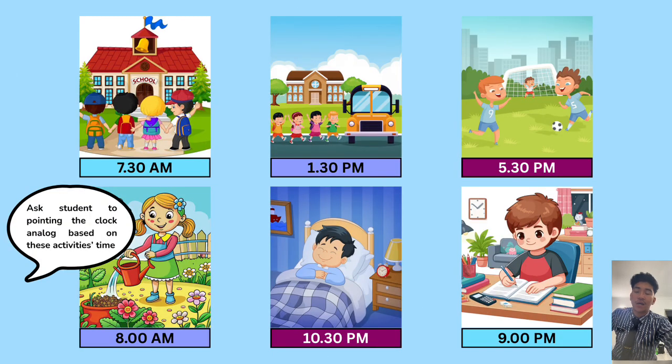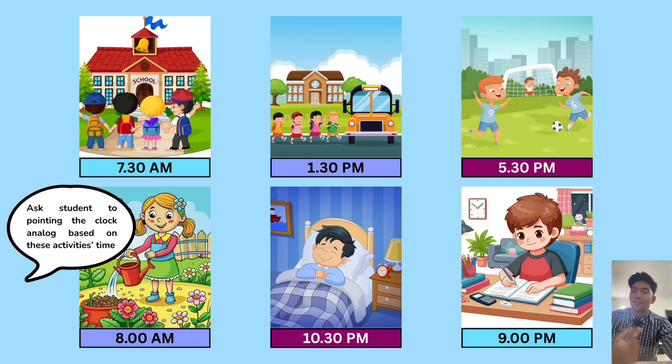So here I also include pictures that suit the time. As an example, going to school at 7:30 a.m. Based on this picture, teachers will ask the students by using the product that we created, the Hey Clock.